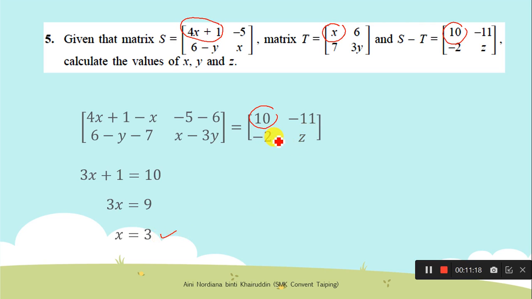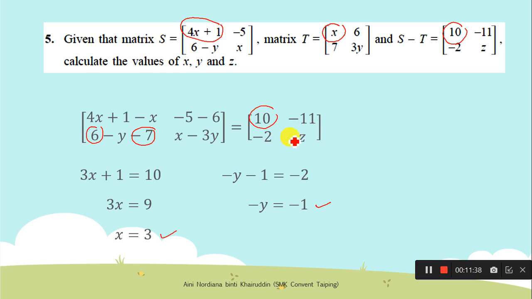For value of Y, here. So 6 minus negative 7 is negative 1. So negative Y minus 1 is negative 2. Y equals to negative 1.